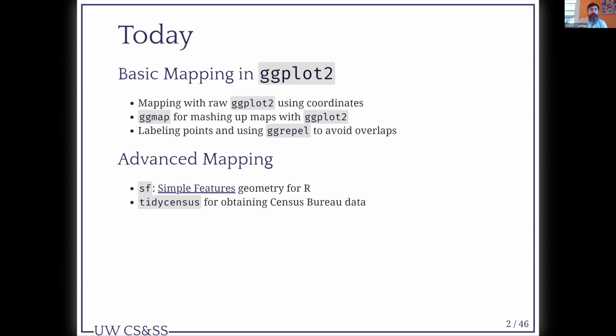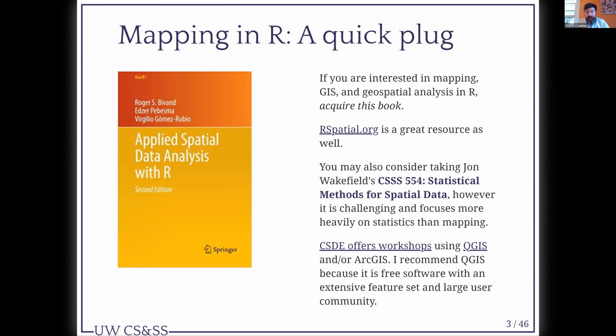Okay. If you're going to be doing serious mapping in R, especially geostatistics, this is probably the book to get and to work with. This is Applied Spatial Data Analysis with R by Bivand, Pebesma, and Gómez-Rubio. Bivand and Pebesma are the main authors of R's original geostatistics and geospatial platform called sp, and they're also authors of the sf package that we'll be using later.